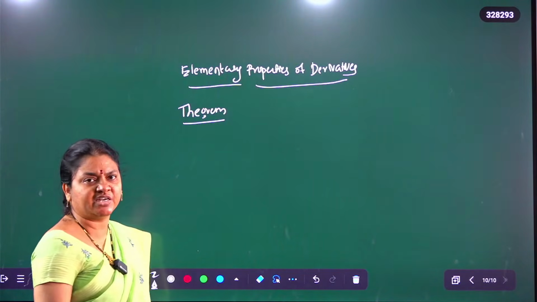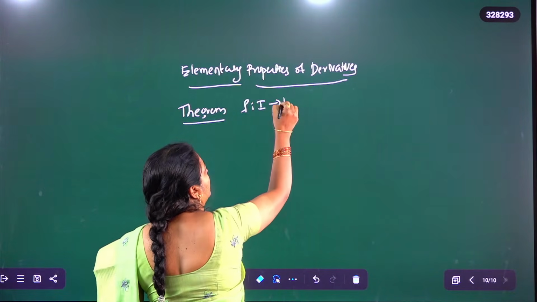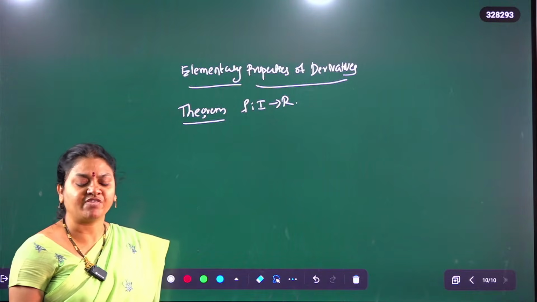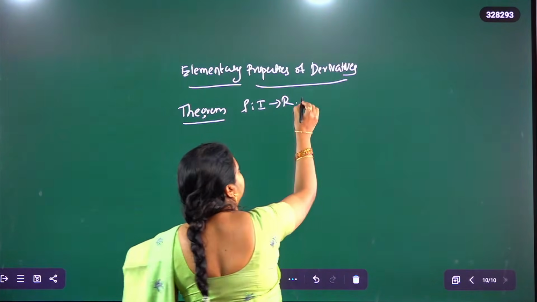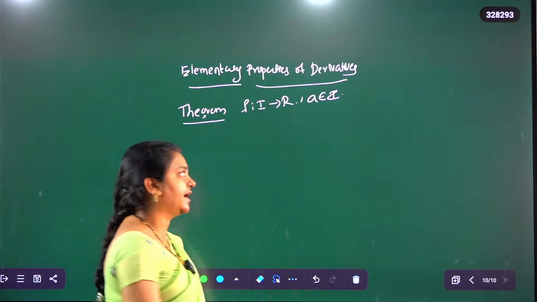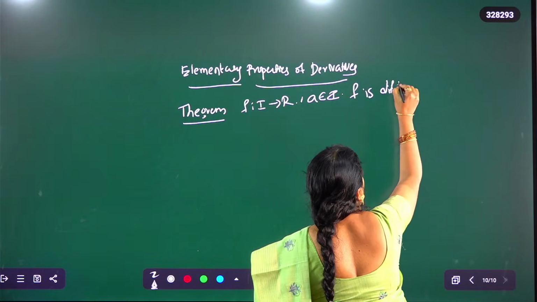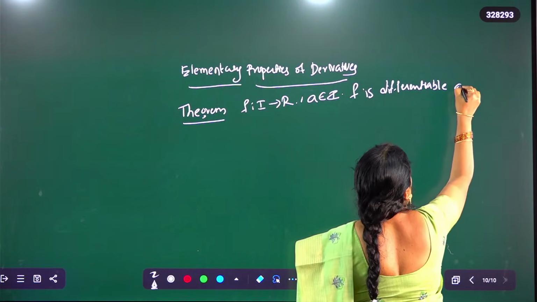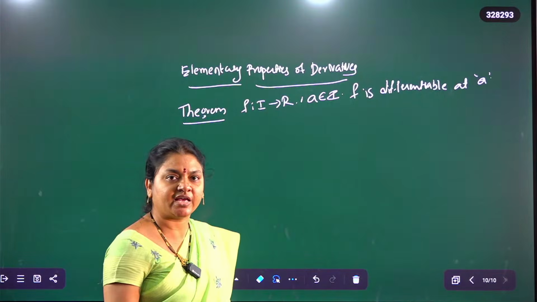First, let I be an interval, right? The function is from I to R, that you already know. The function is from an interval to the real number system, right? F is from I to R, and I will take some a in this interval only, a belongs to I. What we are saying is F is differentiable at a.